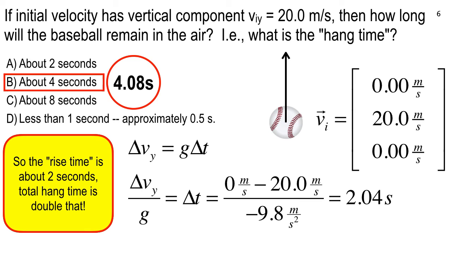Now, the little rounded rectangle in the lower left corner, where it says the rise time is about 2 seconds, that's an English sentence that expresses the fact that you can mentally estimate.